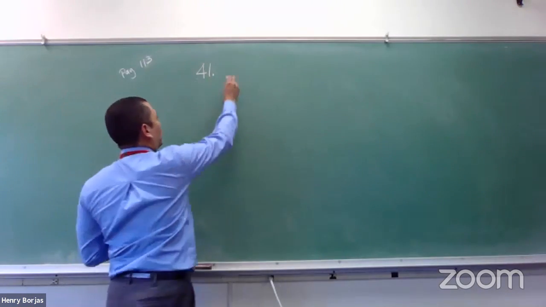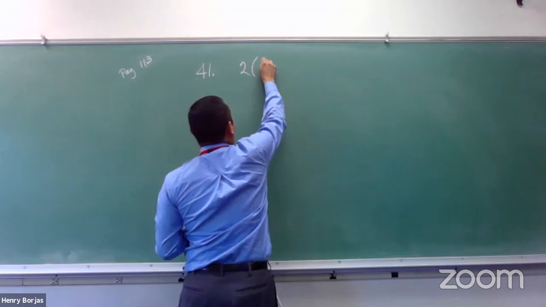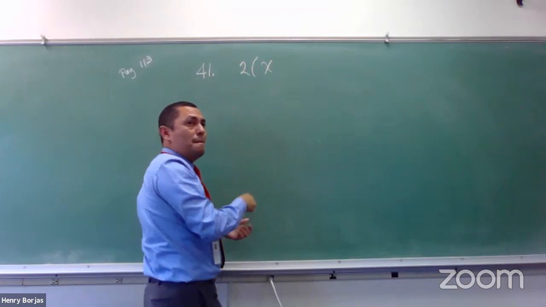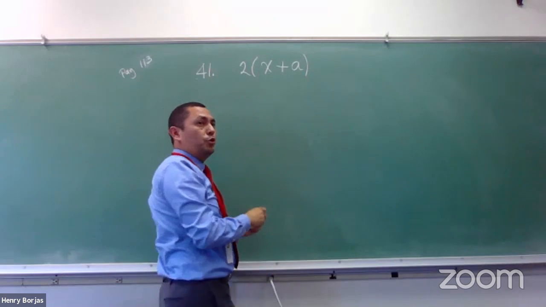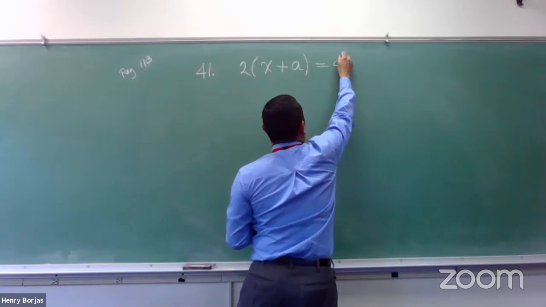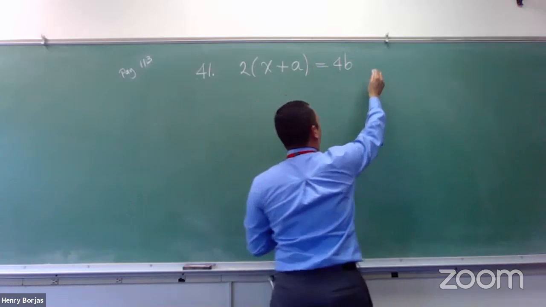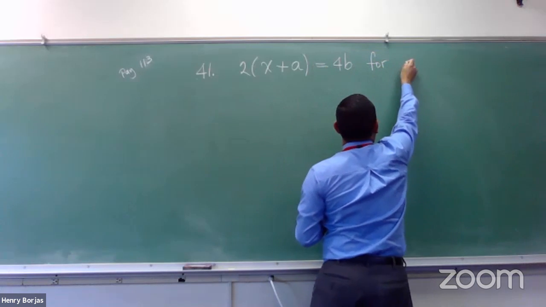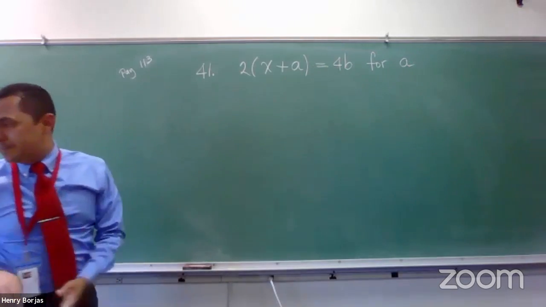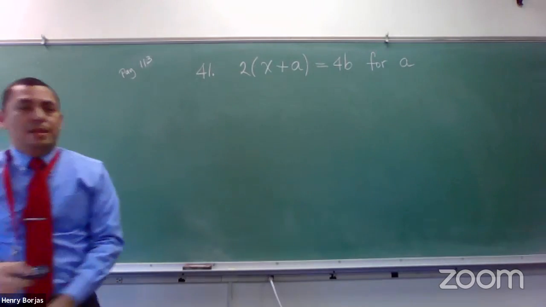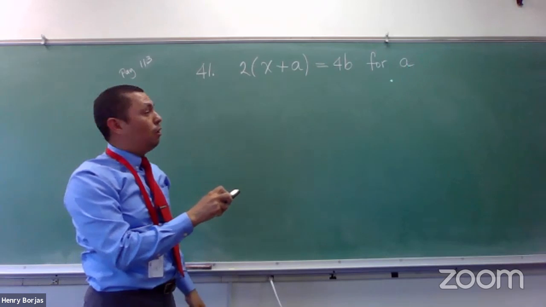So I have 2 parentheses x plus a equals 4b. So we are solving for the variable a. a is my variable to solve.